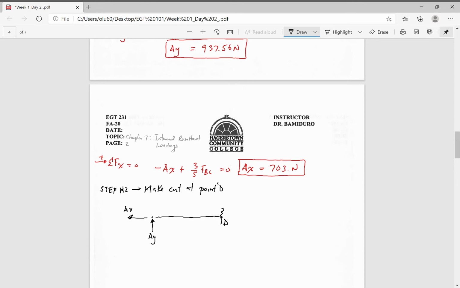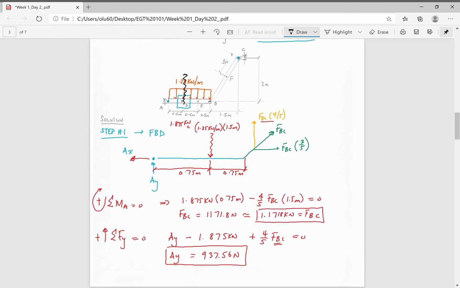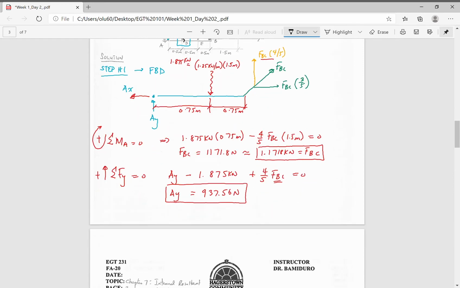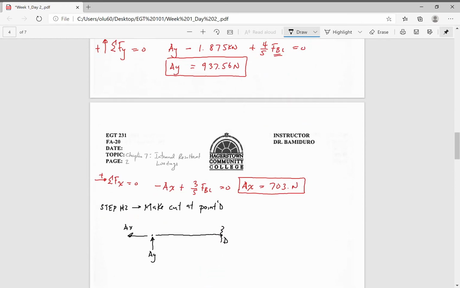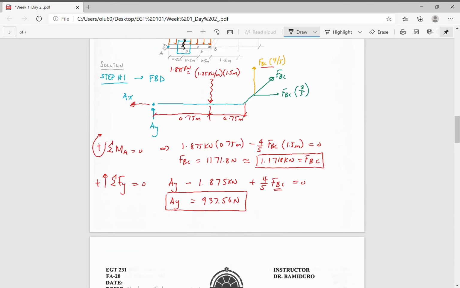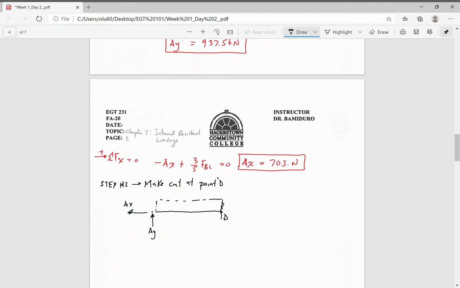Again, this would be a lot simpler when we take the cut at D and take the left side, rather than have to deal with all that's on the right hand side. So when we do that, again we're going to have this right here. It's our rectangular load, and point D is over a span of 0.5.